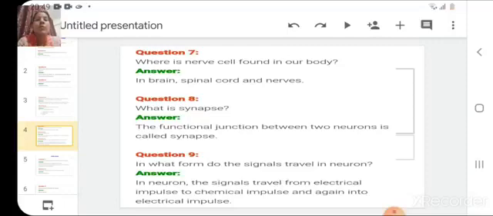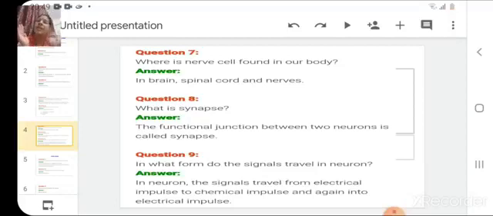So moving on to the next question, that is, in what form do the signals travel in neurons? There are so many neurons which are present in our body, and they are connected to each other. That is why it is possible that whatever sensation we get at the tip of our finger reaches our brain, and from the brain again a message is given, and accordingly we take action.